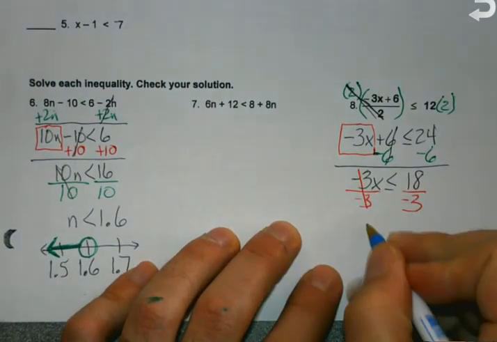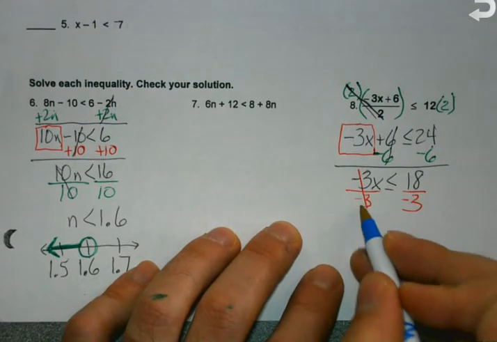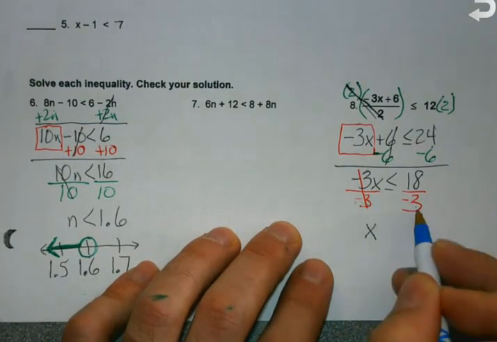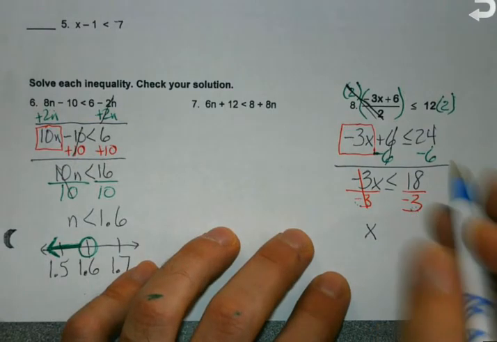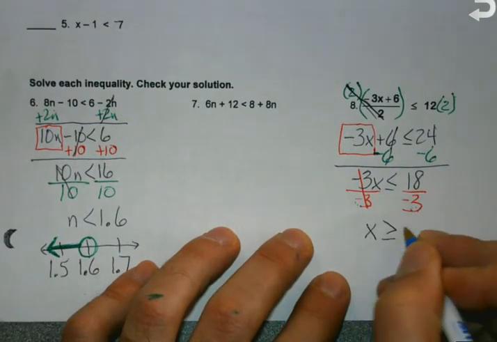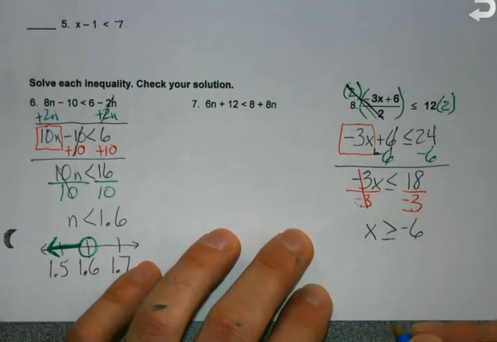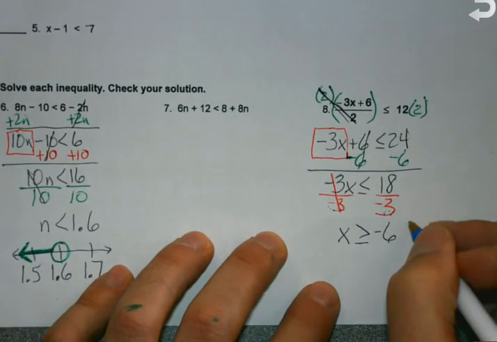And like Marcus just mentioned, if I divide or multiply both sides by a negative to get x alone, kind of like number 3 up above, I have to flip the arrow. Okay?